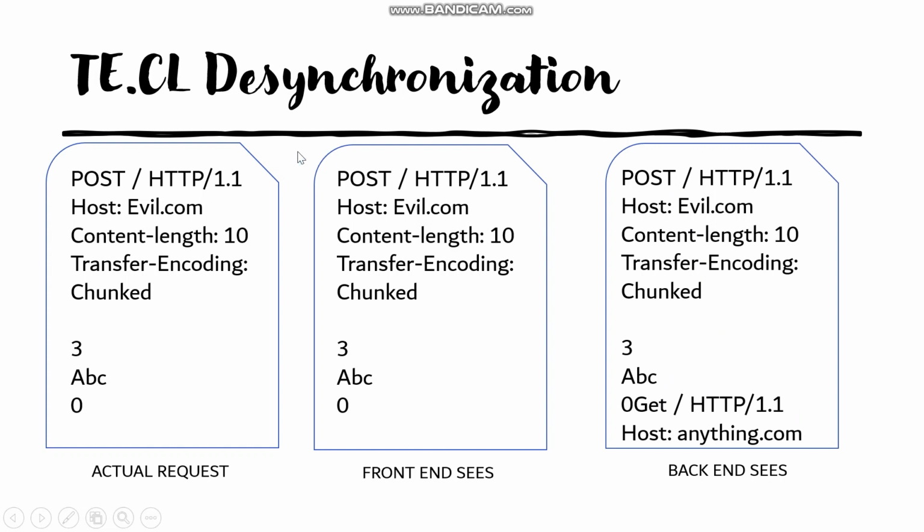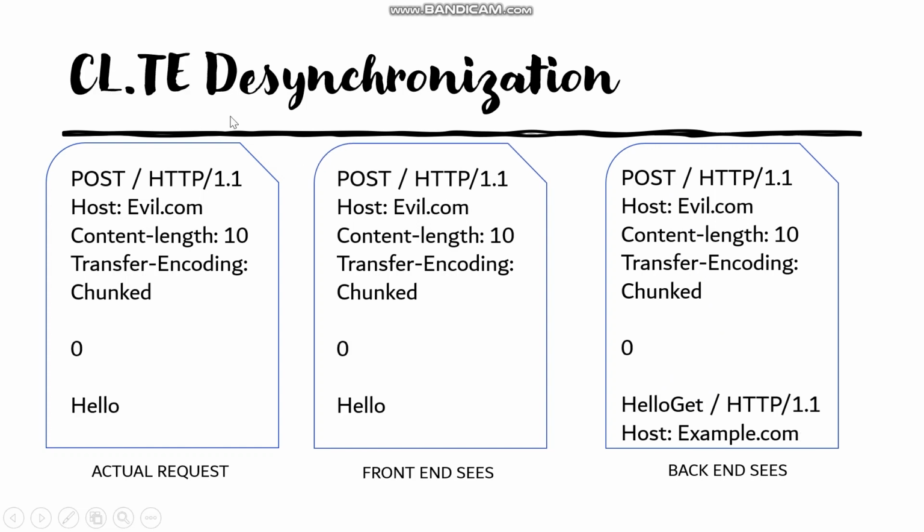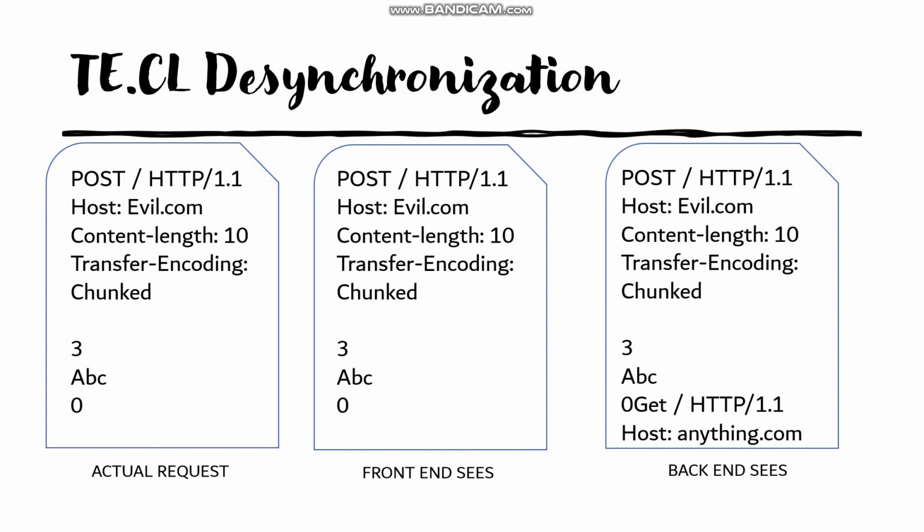Now what is TECL? CLTE means that content length is checked on the front-end server and transfer encoding is checked on the back-end server, while TECL means that transfer encoding is checked on the front-end server and content length is checked on the back-end server. Here we have the actual request of 3, then ABC, and 0.